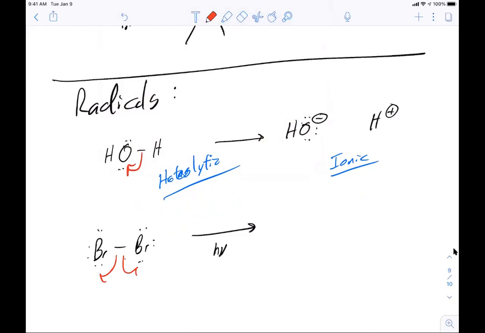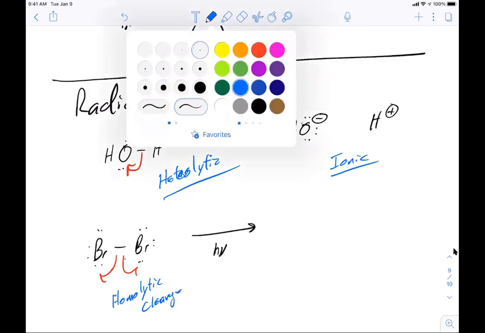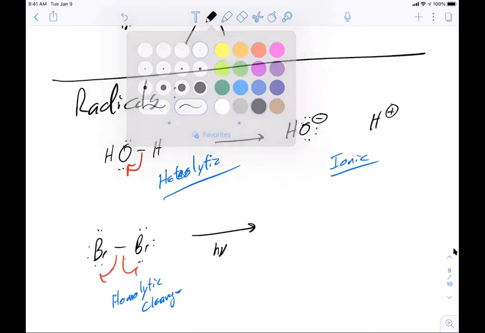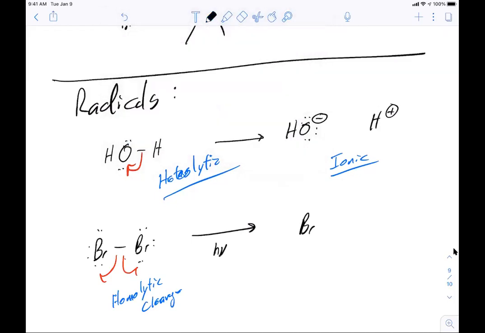And what we use is a single barbed arrow. This indicates homolytic cleavage, and we end up with radicals.